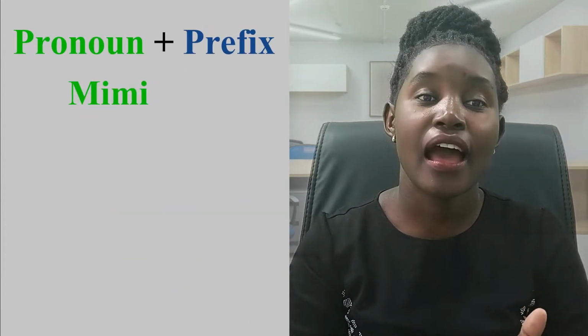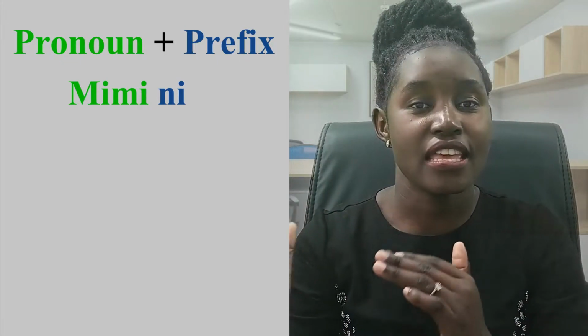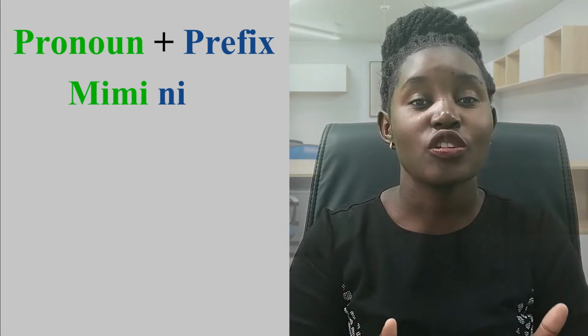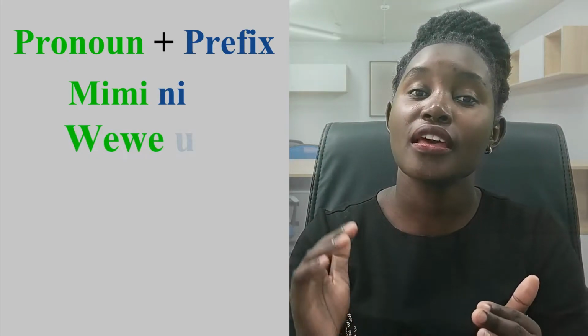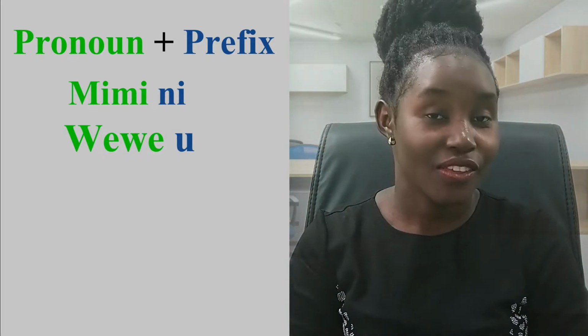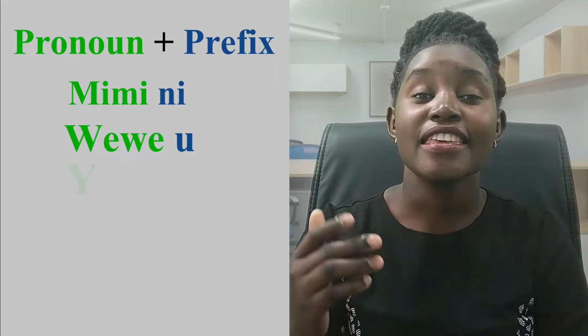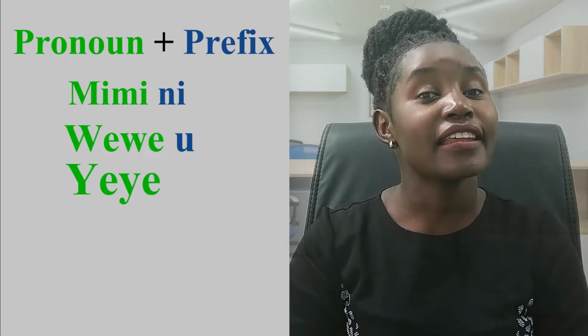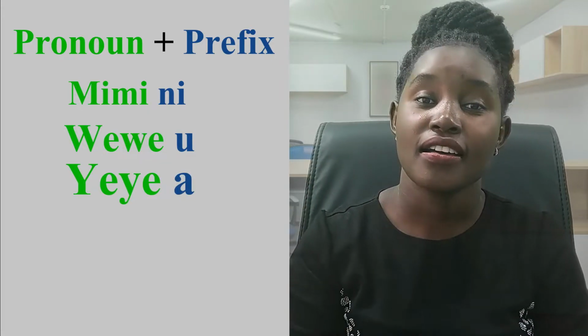When you're talking about personal pronoun mimi, it goes hand in hand with the prefix ni. Mimi, ni. Wewe goes with the prefix u. Wewe, u. You get? And yeye goes hand in hand with the prefix a. Yeye, a.